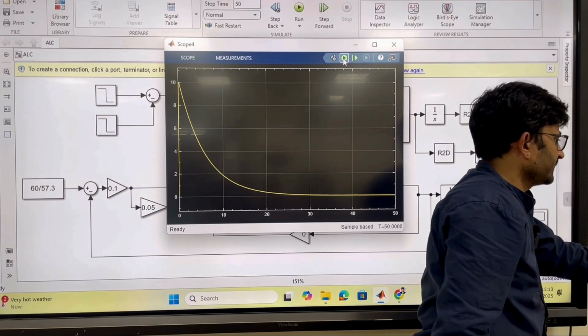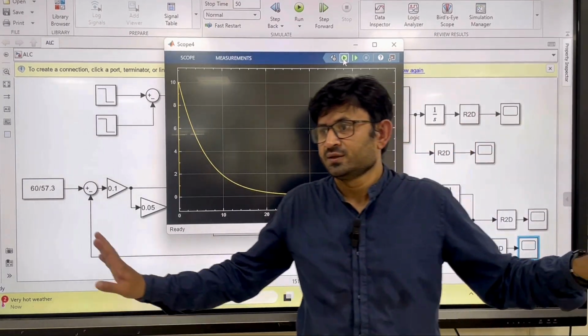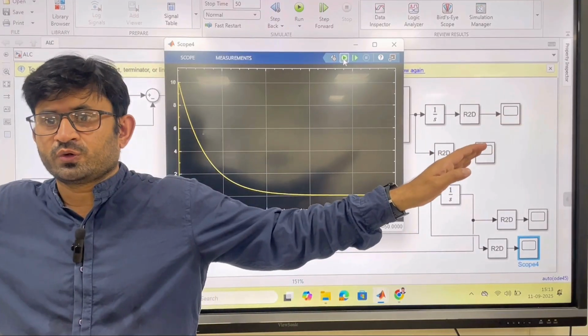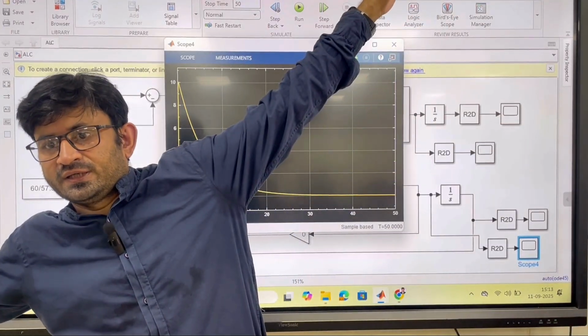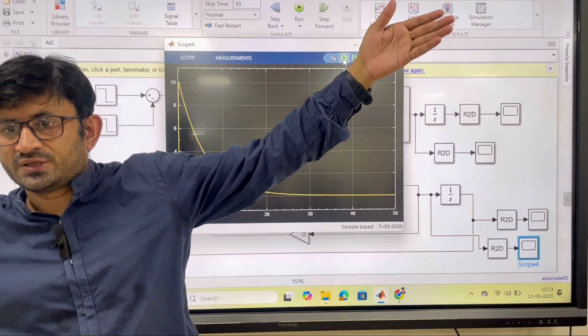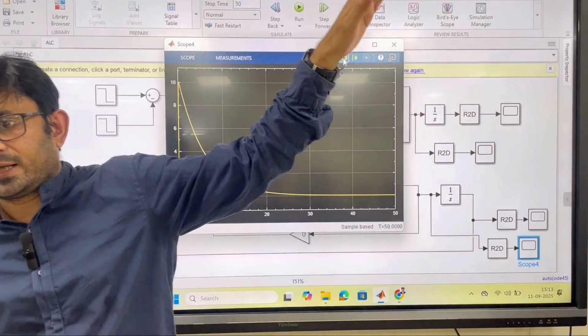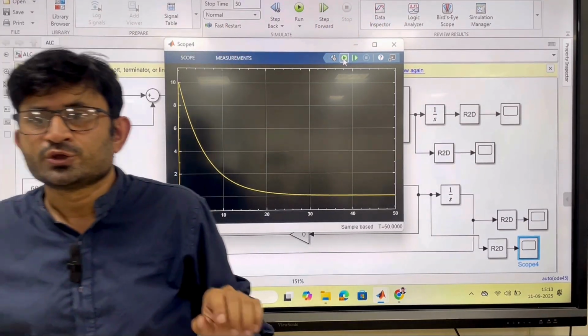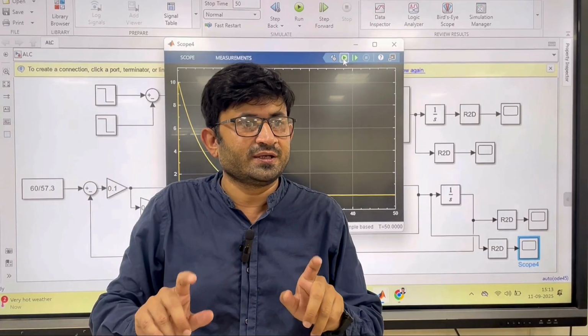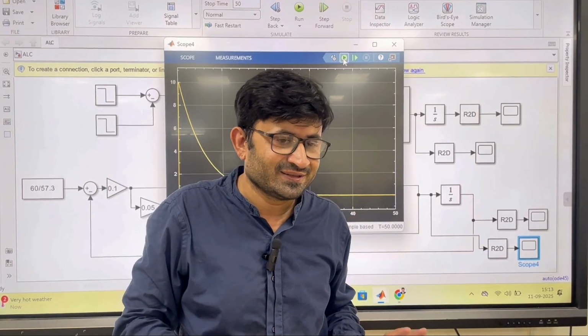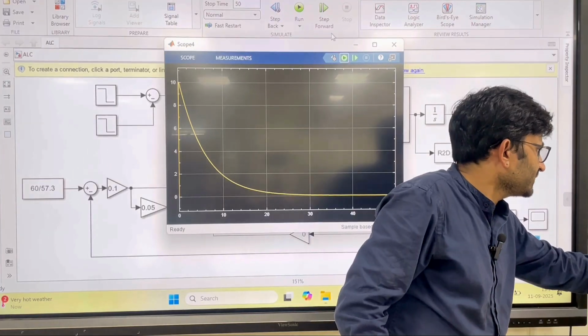You can run from here also. See, the rate increases and then goes to 0. For example, if you command 60 degree, the rate will achieve some value, and once it has achieved the 60 degree, the rate becomes 0, but the aircraft will still have a 60 degree angle. So do not confuse that if there is an angle, there should be a rate. Okay. So try to understand each and every parameter.